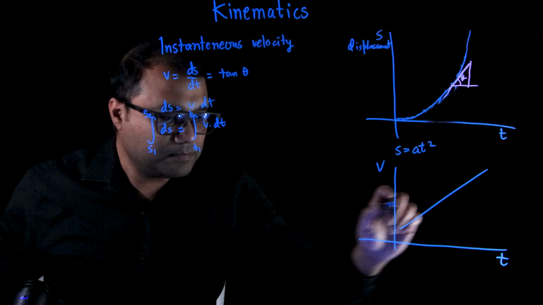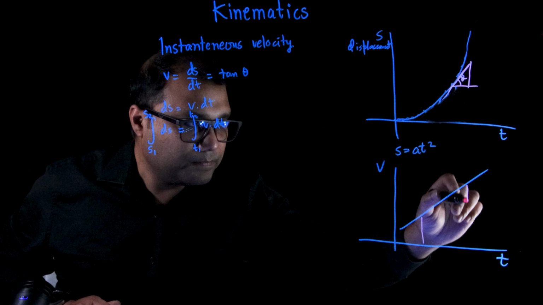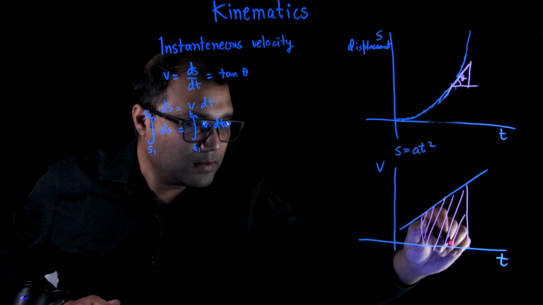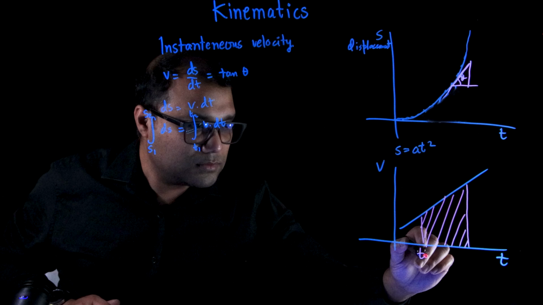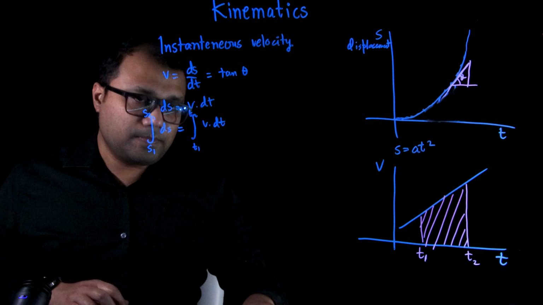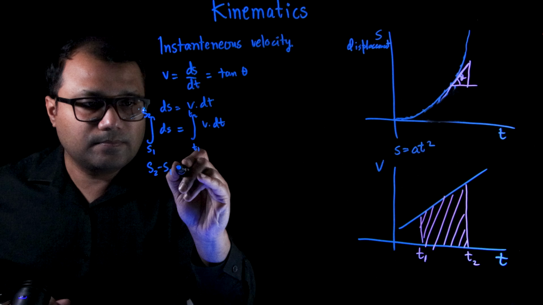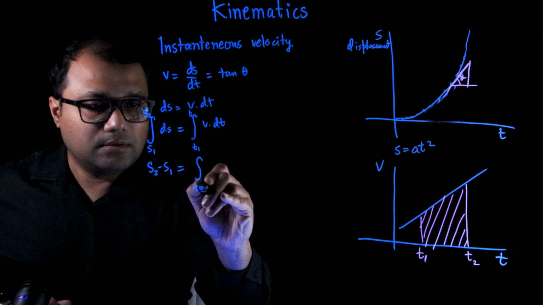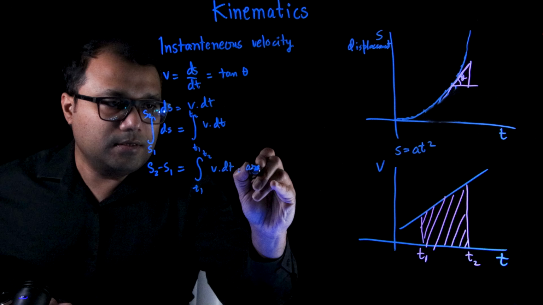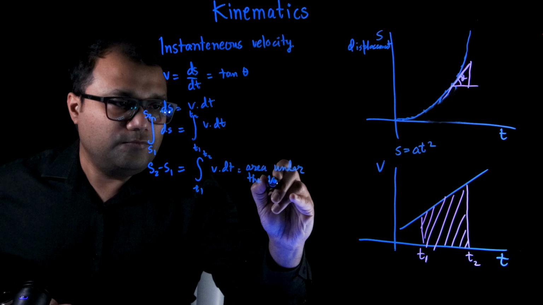It's nothing but the area under the graph, where this starting is t1 and this is t2. Okay. So the change in displacement s2 minus s1 is integral t1 to t2 v dt, which is area under the vt curve.